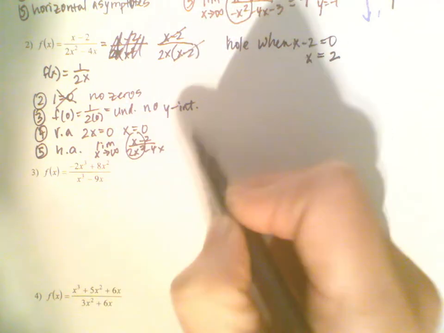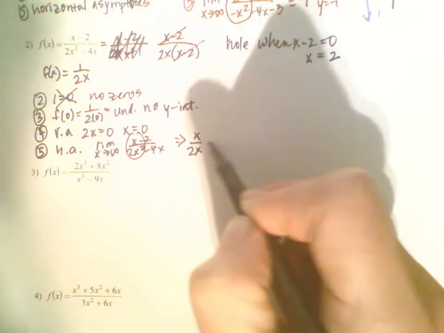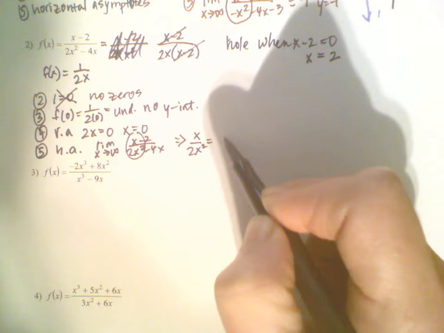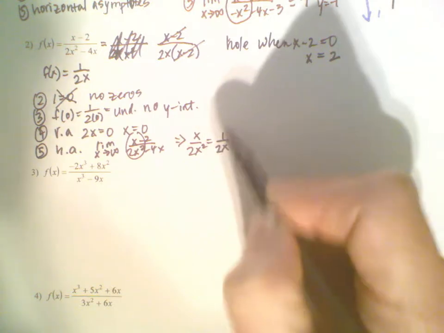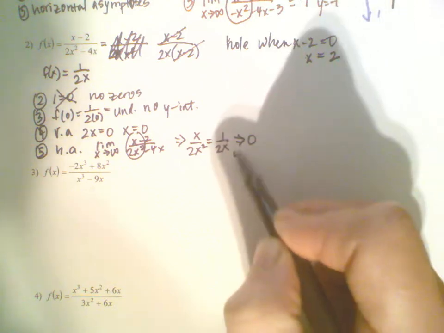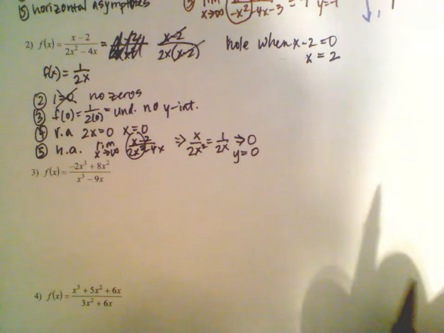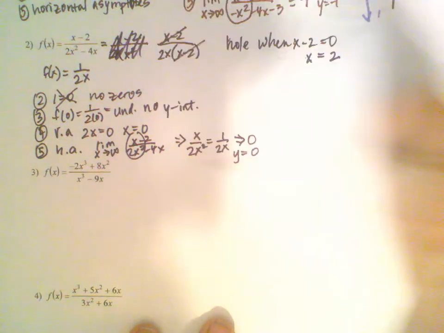Take my lead terms. That leaves me with x over 2x squared, which reduces down to 1 over 2x, bottom heavy, so that limit is 0. So my horizontal asymptote is at y equal to 0. Okay, so got everything I need.